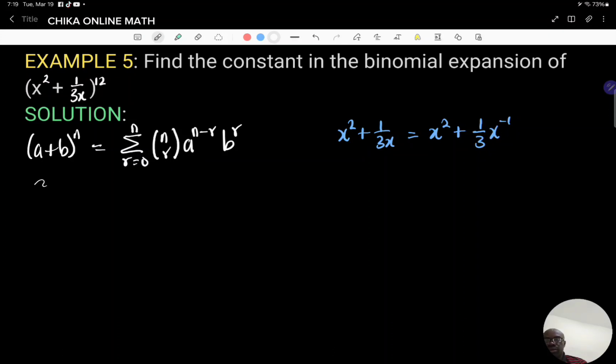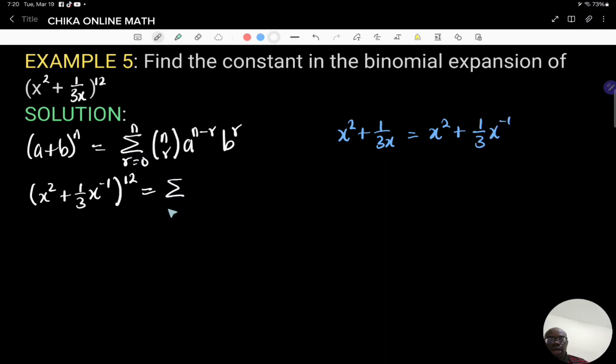So we have x squared plus 1 over 3x raised to the power minus 1, to the 12th power equal to, so if we compare this and this, we see that our a is x squared, our b is 1 over 3x raised to the power minus 1, and our n is 12, okay?